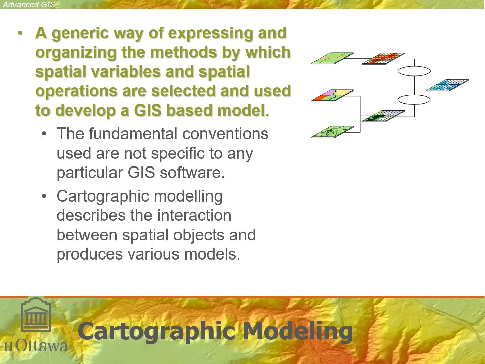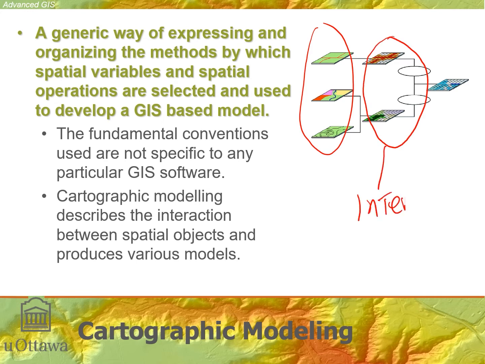And it's basically a flowchart of your inputs, the intermediate outputs, so those are called intermediate, and the final output. And there can be many intermediate steps within that type of a context, but it's basically flowcharting.